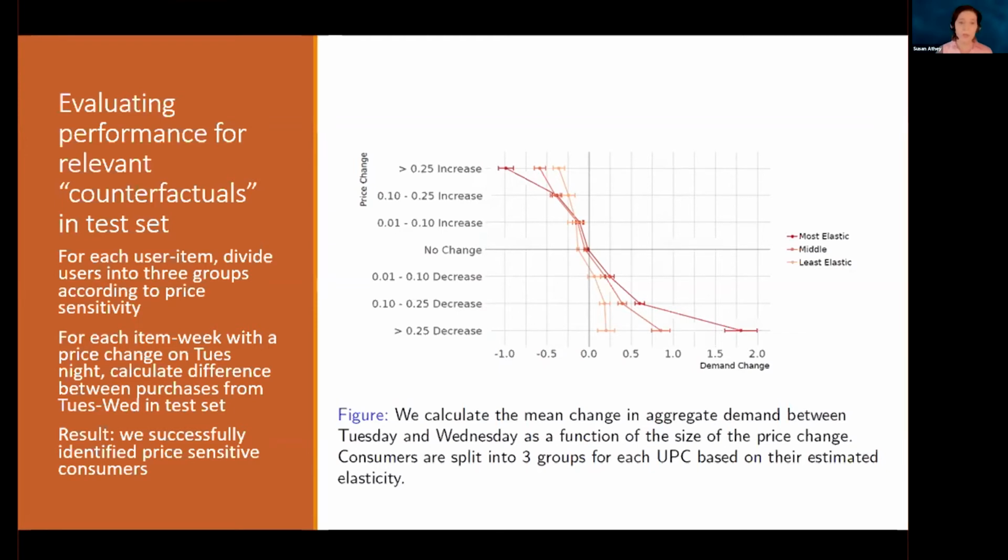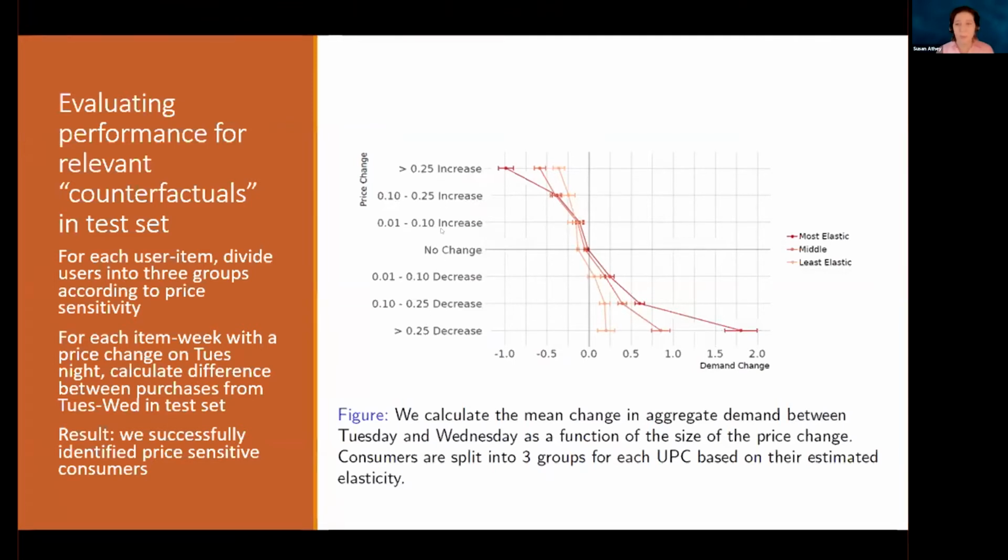And then what this picture shows is what actually happens in that held out test data. So everything in this picture is in held out test data, except for the assignment of the people to the categories, which was based on different shopping trips. And what we see is that the people that we assign to be least elastic, the least price sensitive, don't respond much when prices change. I've got the price changes on the y-axis because that's what economists do.